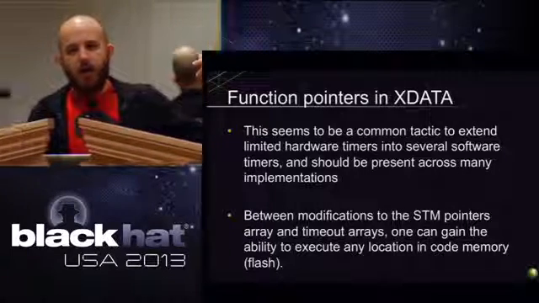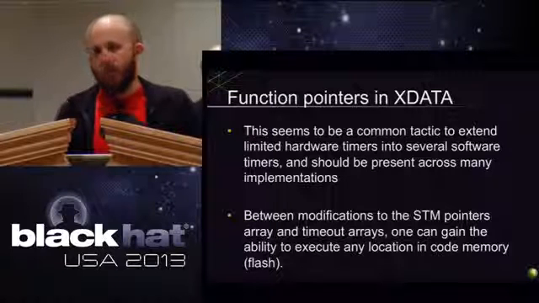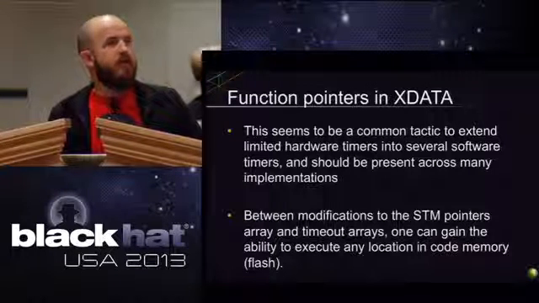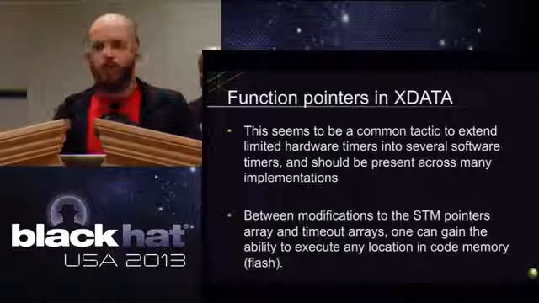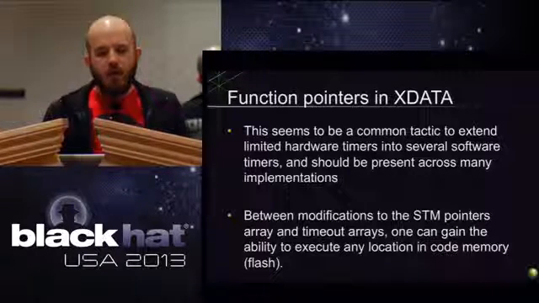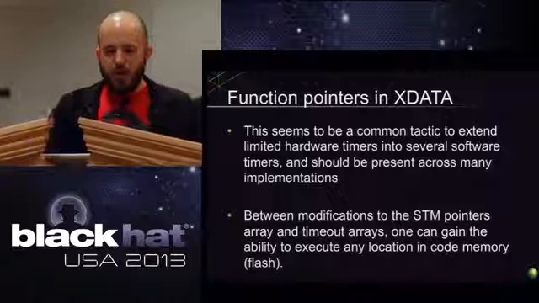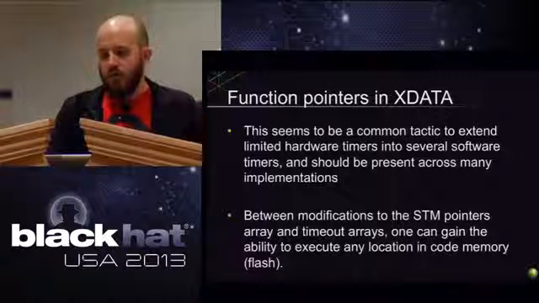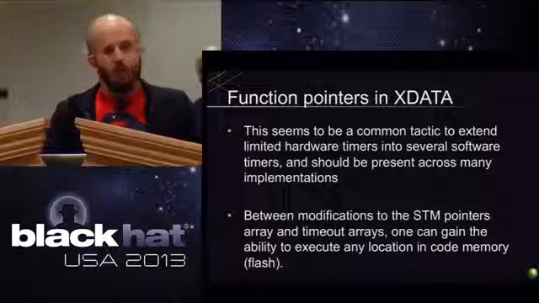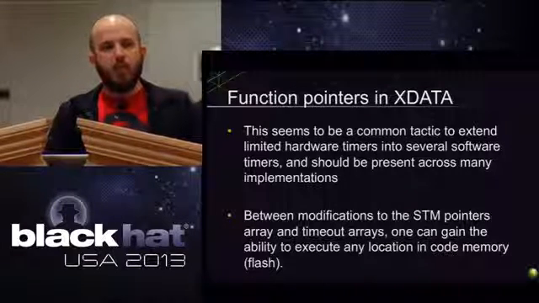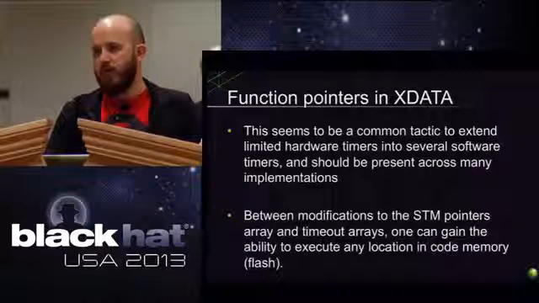But you may need more than 4, so what their library does is implement software timers on top of those. It takes one hardware timer and multiplexes it out to 8 or 16. Ultimately, that means there are arrays sitting in memory that contain function pointers, and another array next to it that contains how many cycles to run in between when each should fire.